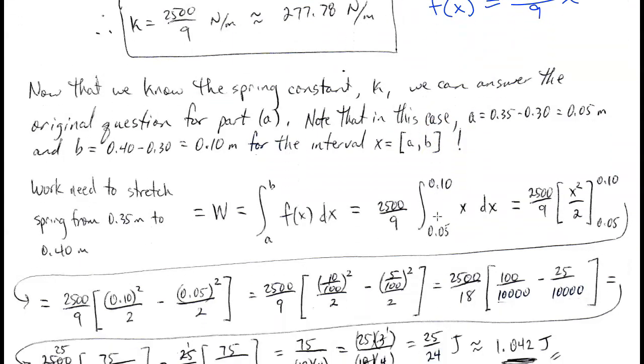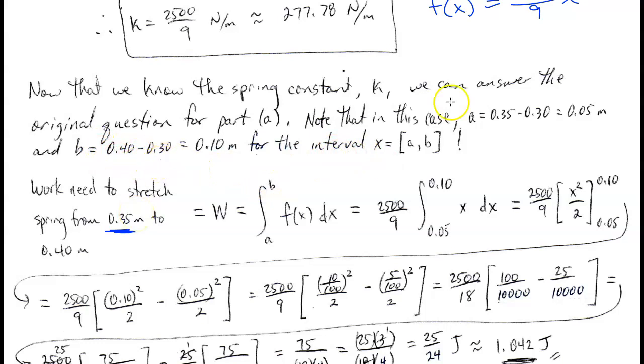So here, now that we know that info, we know that 35 hundredths of a meter is going to be only 5 hundredths of a meter beyond the natural length of 30 hundredths of a meter, or 3/10 of a meter, I should say.